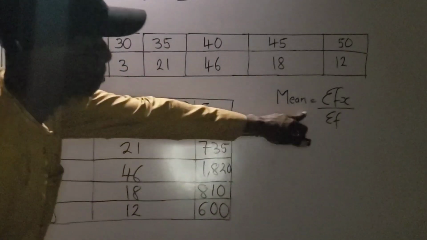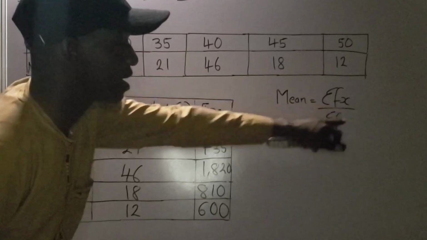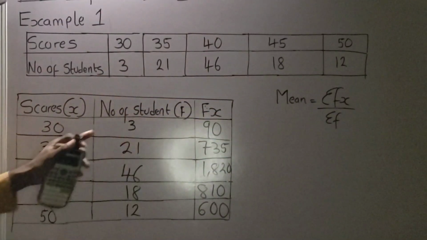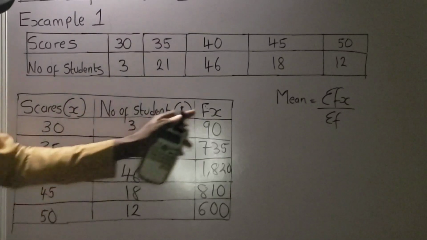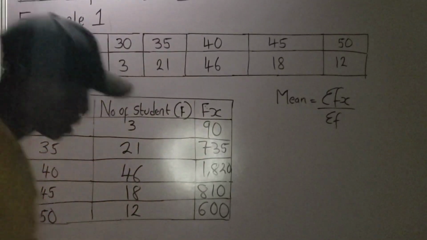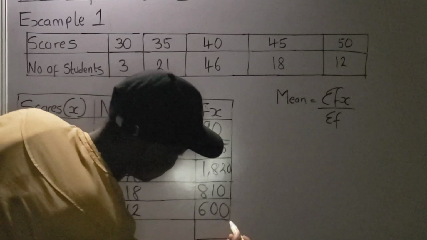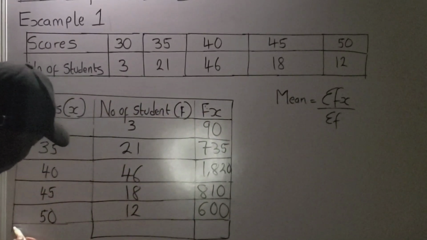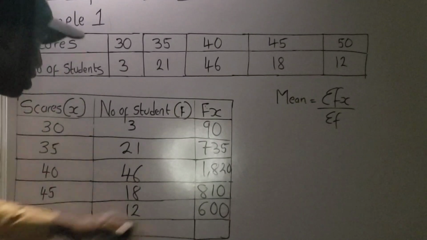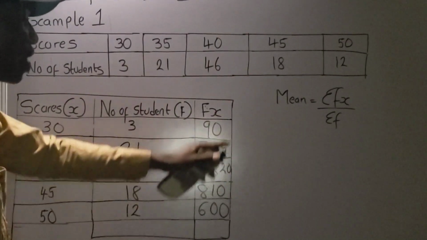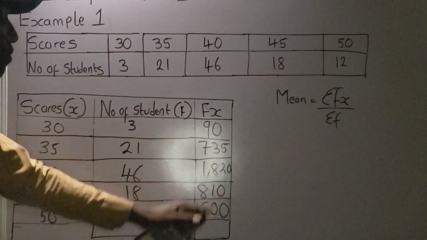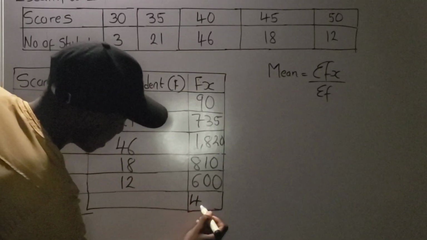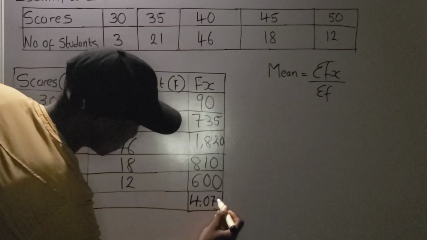So you can see mean is equal to summation fx all over summation f. After taking the product of f and x, I'm going to take the sum. If you add all the values of fx together, we are going to get 4075.